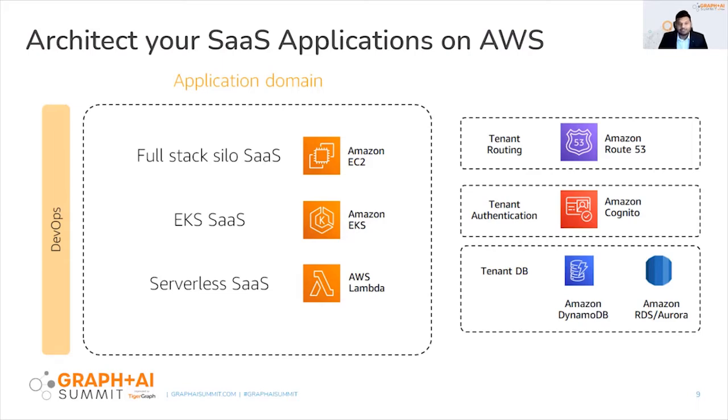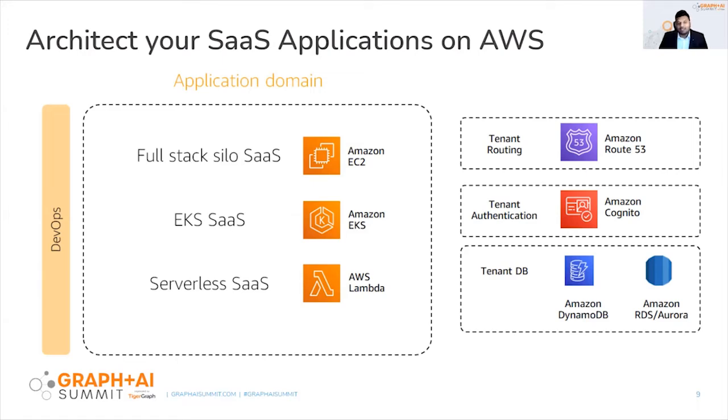We have many customers who have deployed their SaaS applications on EKS and achieved isolation per namespace. Customers who want to pay per request utilized by their end customers, we have AWS Lambda, which is a serverless compute platform and can be used to build serverless SaaS applications on AWS Cloud.